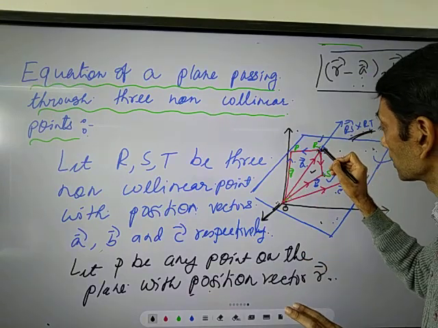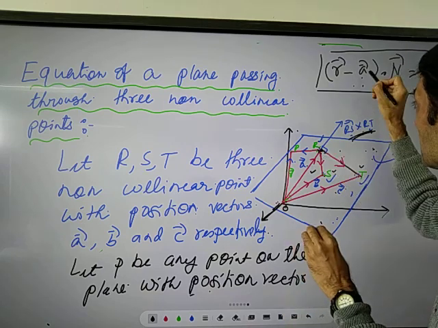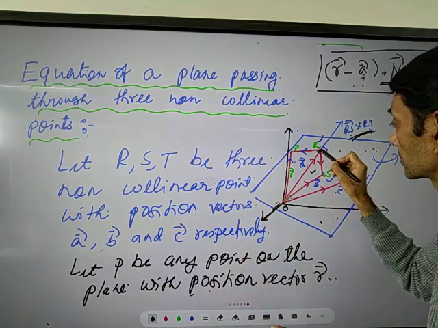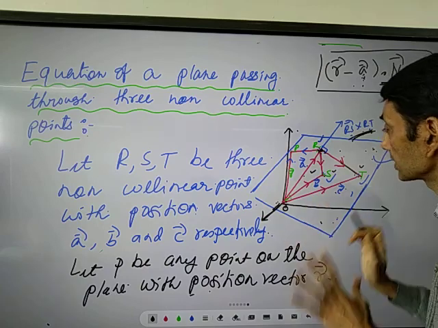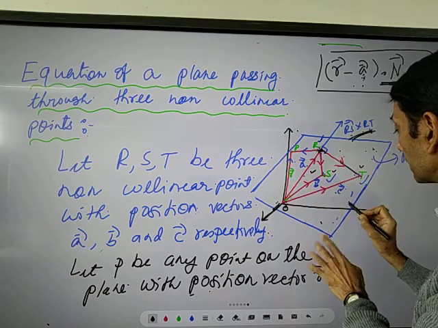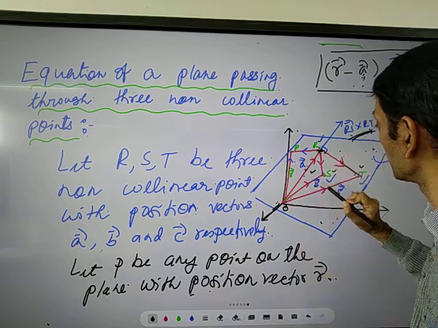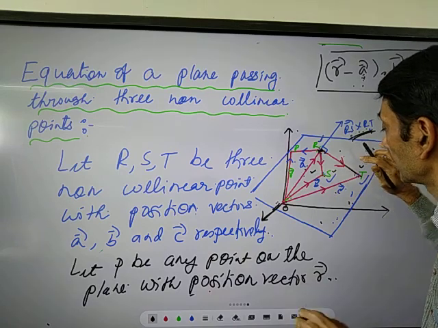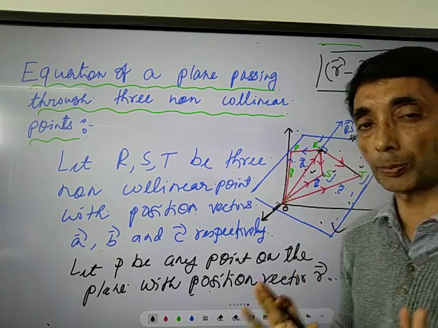Now, in place of the fixed point A here, let us consider the fixed point as R, with position vector a. This plane passes through R with position vector a, and apart from this, RS cross RT is perpendicular to that plane. Therefore, these two pieces of information are sufficient to derive the equation of this plane. I hope this point is clear to you.